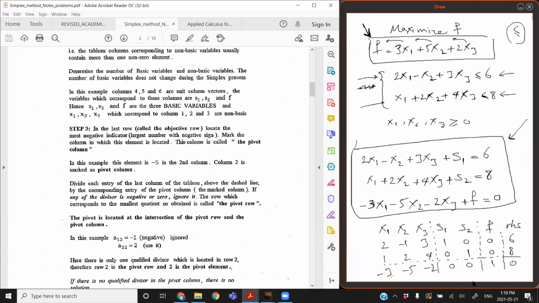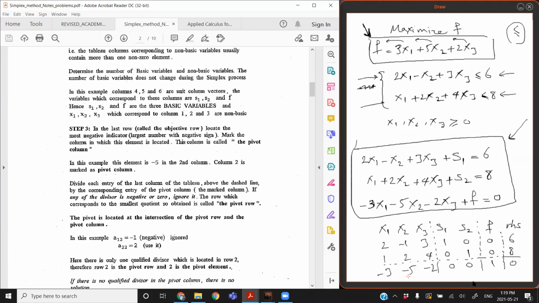Among these numbers, we find the smallest one. So -3, -5, -1. -5 is the smallest one, right? Or we can say it's the biggest one in terms of absolute value. If I take the absolute value, I will find that the absolute value of -5 is bigger than the absolute value of -3 or -1.